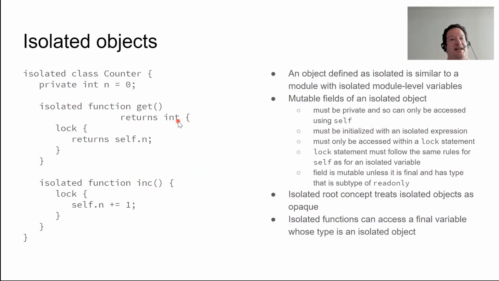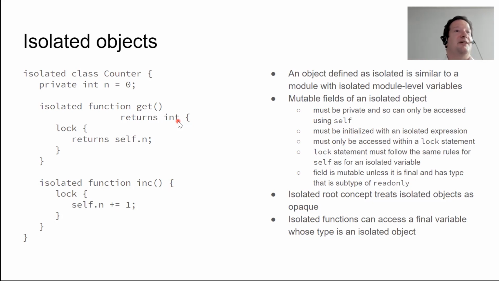And that one more thing we need is isolated objects. There's a parallel between objects and modules. The right way to think of it is a module like an object, or an object like a module.